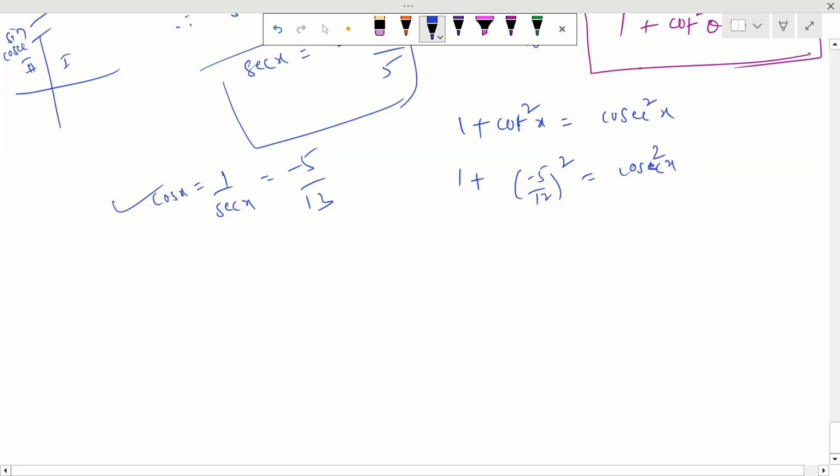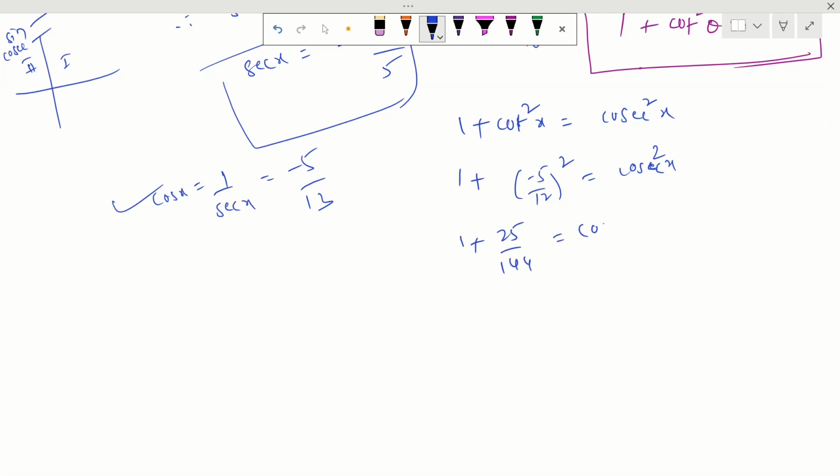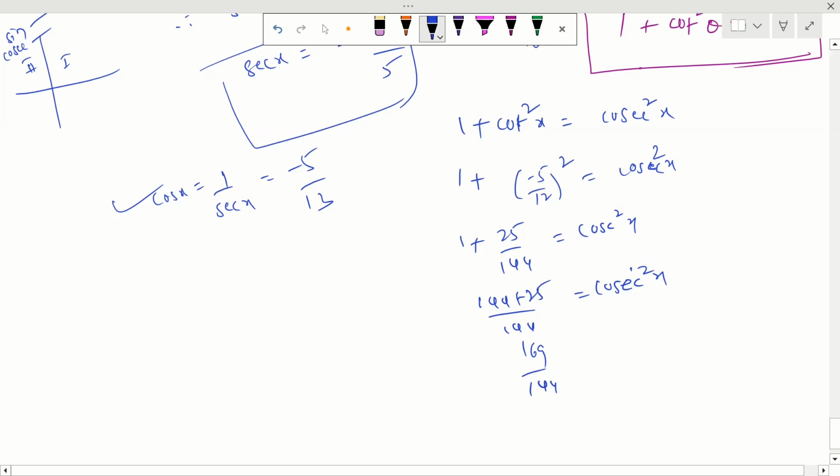The negative sign becomes positive, so 1 plus 25 divided by 144, that is 144 plus 25 divided by 144, which is 169 divided by 144, equal to cosecant square of x.